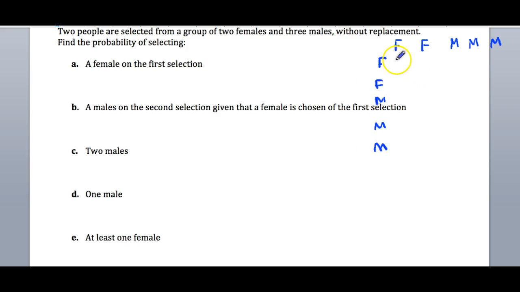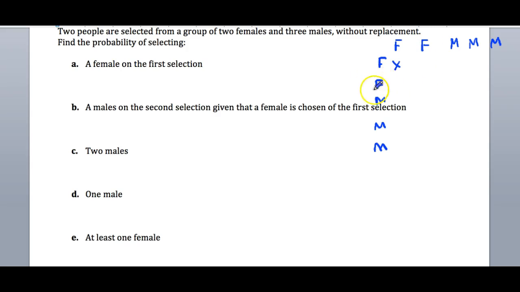And remember, actually, let me just pause for a second. So I'm going to do this as a two-way table. I just realized I probably wouldn't do it as a two-way table. I would do it as a tree diagram, but let's do it as both. So here, if we had this female here, obviously we can't choose that female again. So I'm just going to put a cross there.